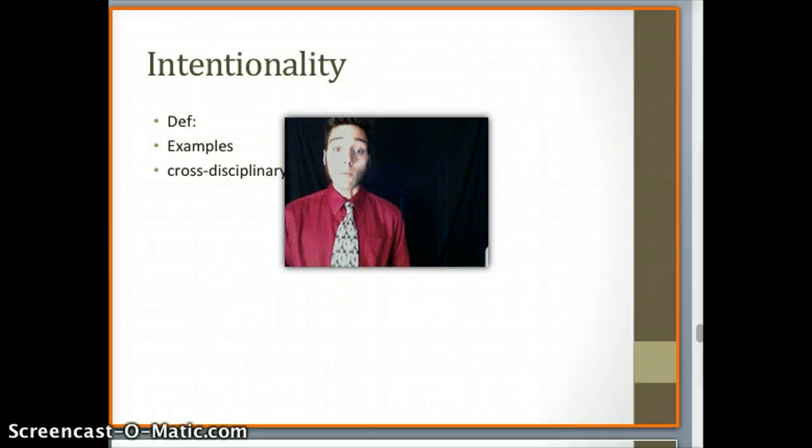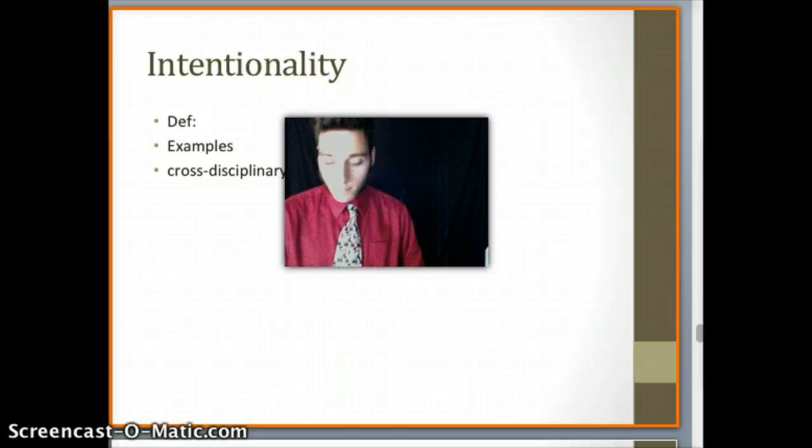So I really want to impress this idea that intentionality is really about stretching and elasticity, and that's really what the Latin root of the word means. Intentio in Latin means to stretch forth. So that's really a key concept to keep in mind.